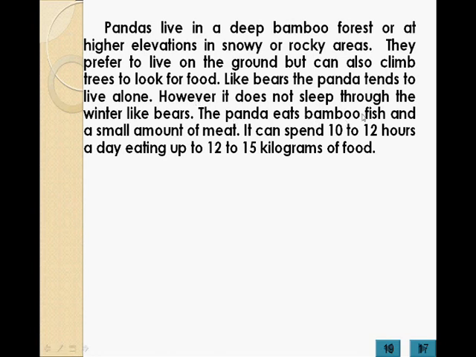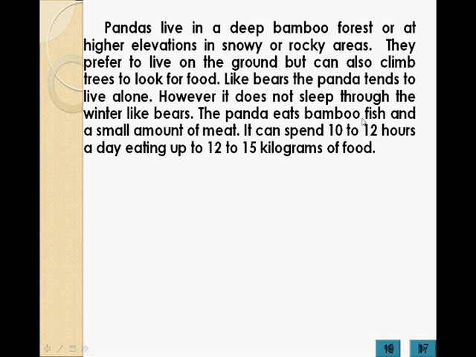The panda eats bamboo, fish and a small amount of meat. Remember that they live in bamboo forest, so it's very normal to eat bamboo. And of course, bamboo is a kind of plant that you can find in tropical areas like China, and it's a very long plant, okay, with a very long and round stem.